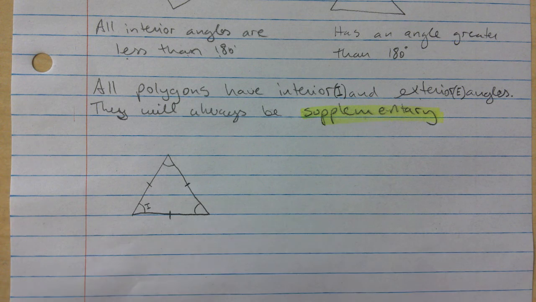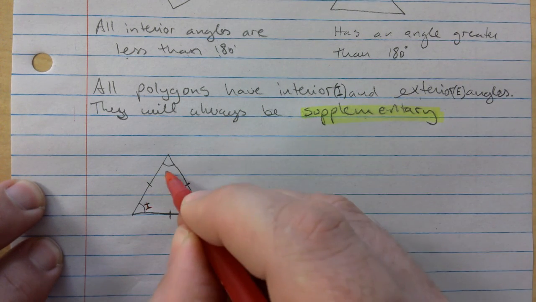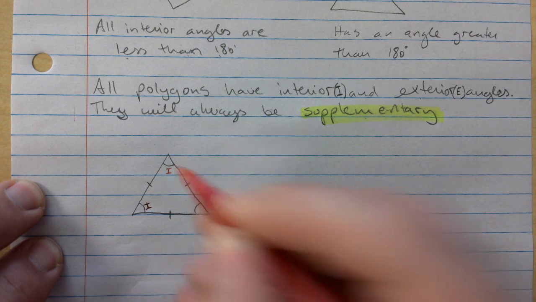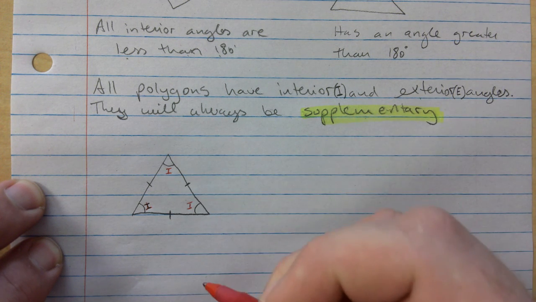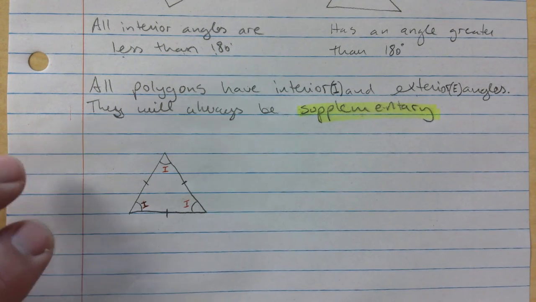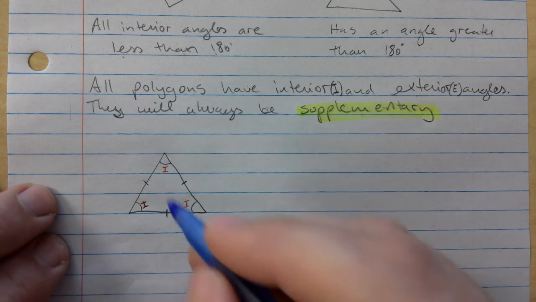Maybe I'll use a red pen here. There's an interior angle there, there's an interior angle there, and there's an interior angle there. So three interior angles. And do you remember what they are? They're always 60 degrees, right? 180 divided by 3 essentially.